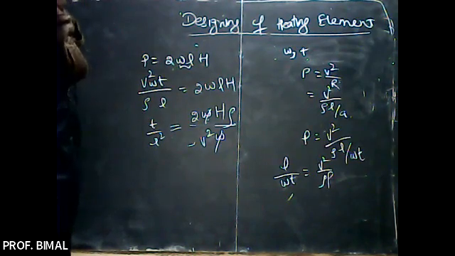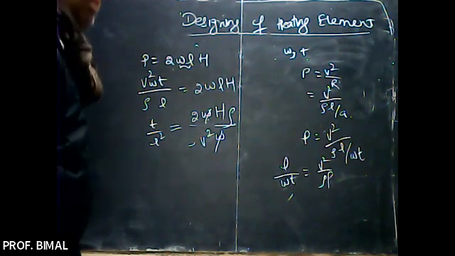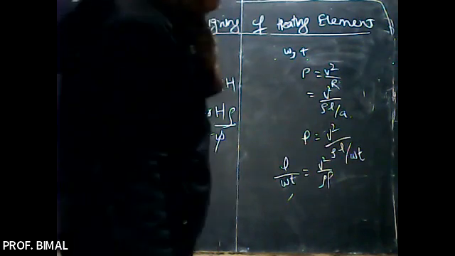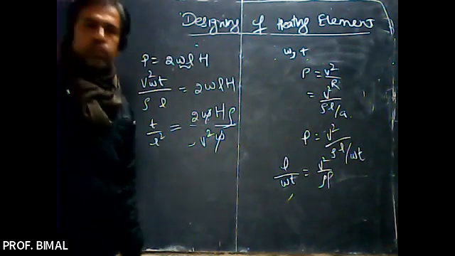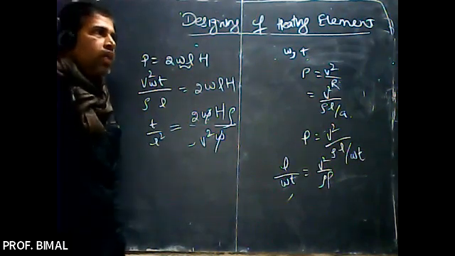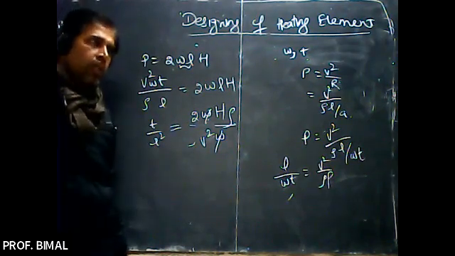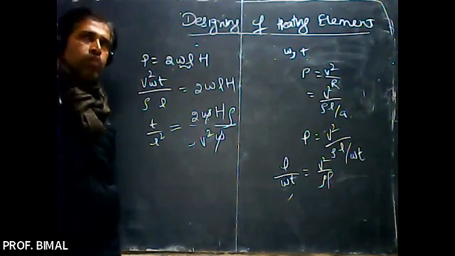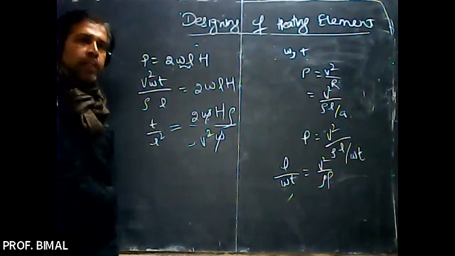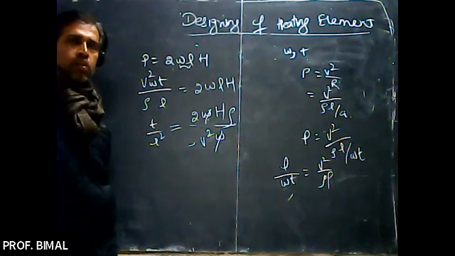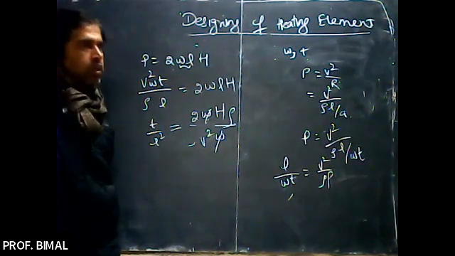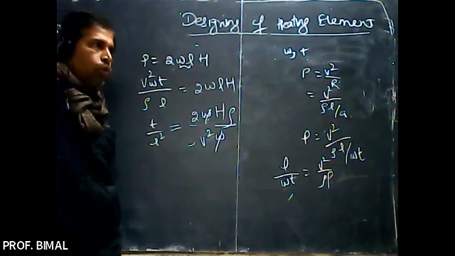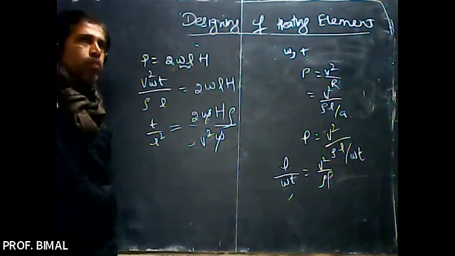So there will be two cases in designing the conductor. In one case, we are assuming that the conductor is circular in shape, and we will have to calculate L and D, the length and diameter of the conductor. In the second case, we are assuming that the conductor is rectangular in shape, that means the conductor is like a ribbon.